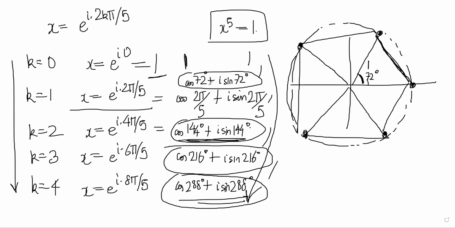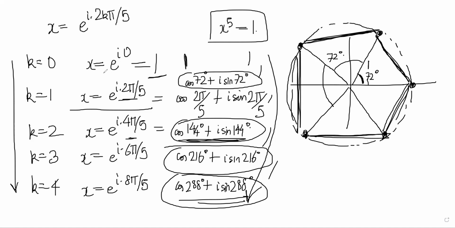And this chord, between 2 pi by 5 and 4 pi by 5, the angle between them is also 72 degrees, so this chord also has the same length. This chord also has the same length, because everyone is subtending 72 degrees between each other. So all the chords have equal length, so the pentagon is a regular pentagon.